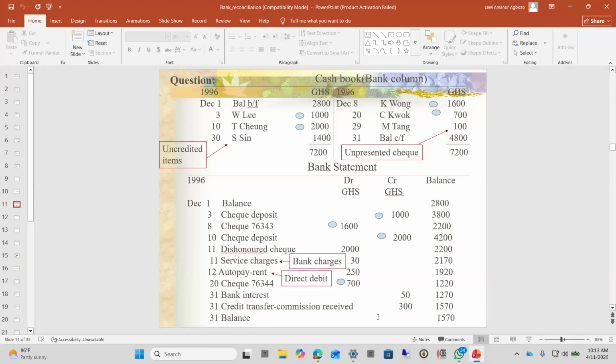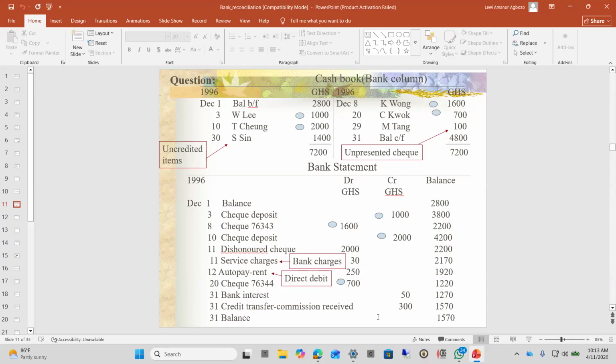The balance was 1,220. And on 31st December, bank interest on the credit side, 50 cedis, and the balance was 1,270.